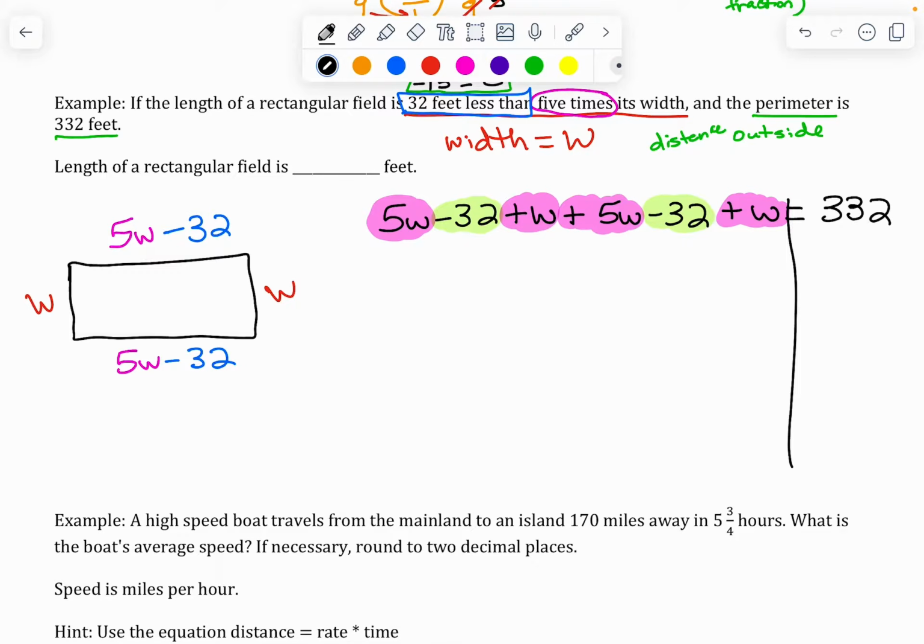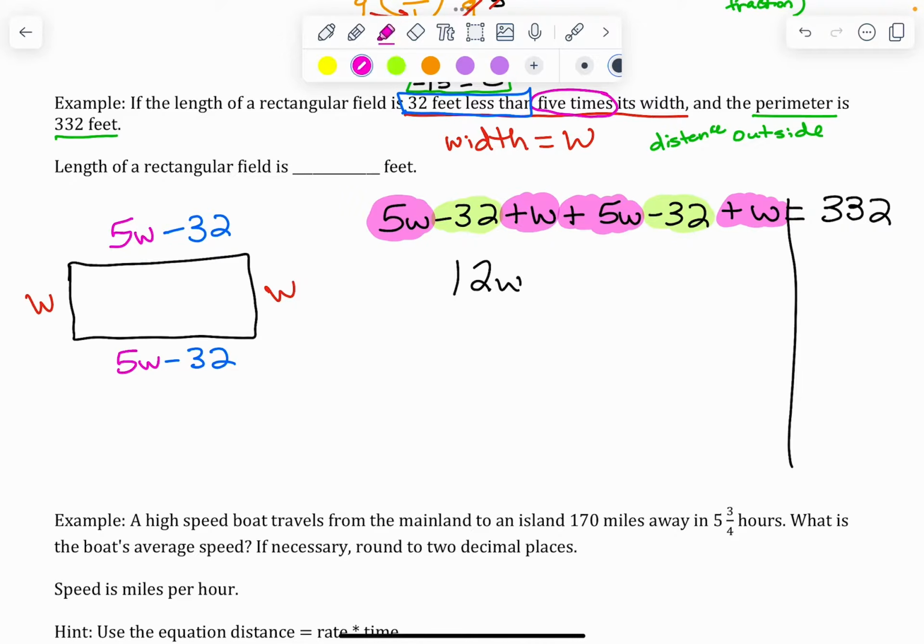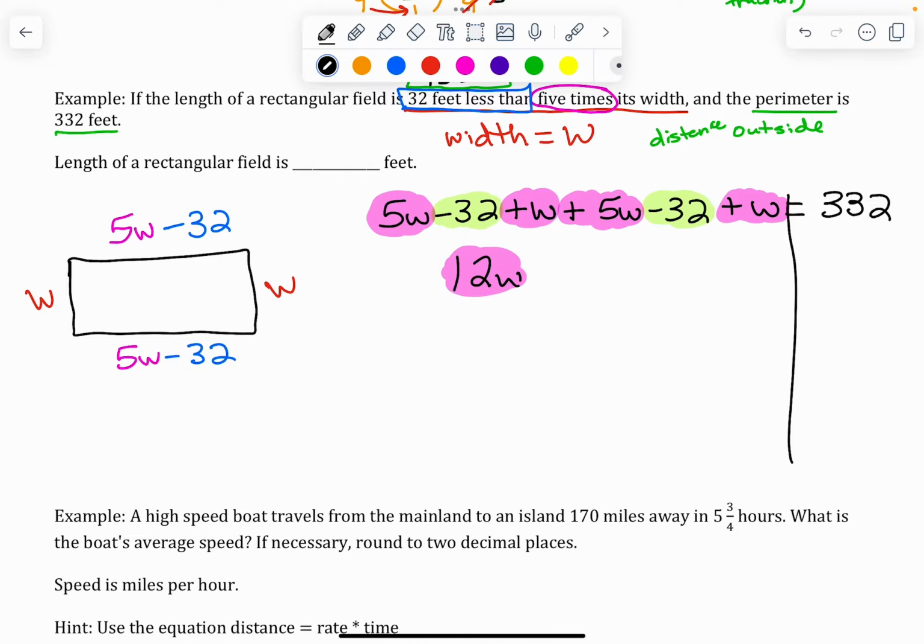So 5W plus 1W plus 5W plus 1W gives us 12W, and that's coming from the pink ones. And then we have negative 32 and negative 32 is negative 64, and that comes from the green ones. And this still equals 332.